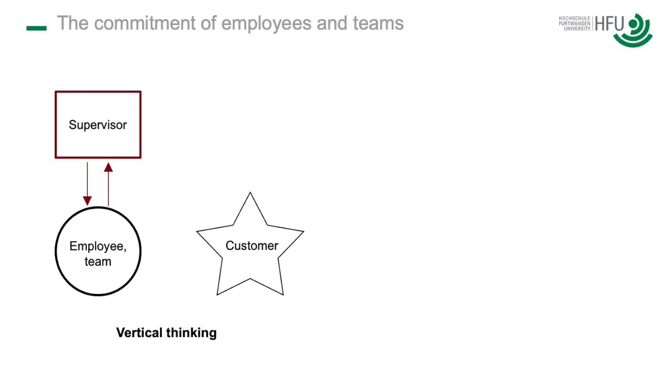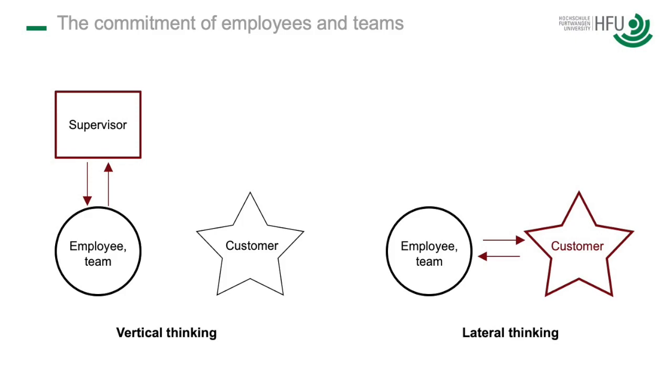There are other companies who think completely different. They think more in a horizontal or lateral way. So if you ask the people in the organization, hey John, how do you know whether or not you have done a good job? He might say, well, I've done a good job when my customer is happy.